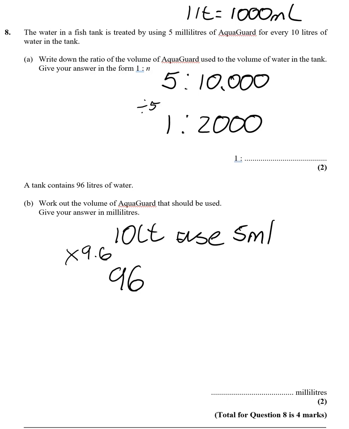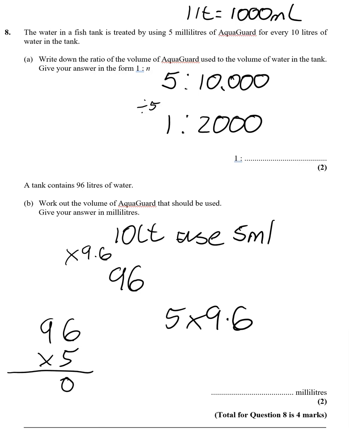So we need to do 5 times 9.6. Well, there's various ways to do it, but I'm going to do 96 times 5, a bit of long multiplication. 5 times 6 is 30. 5 times 9 is 45. 45 plus my 3 gives me 48. But then I need to put my decimal back in, so it is actually 48 millilitres.